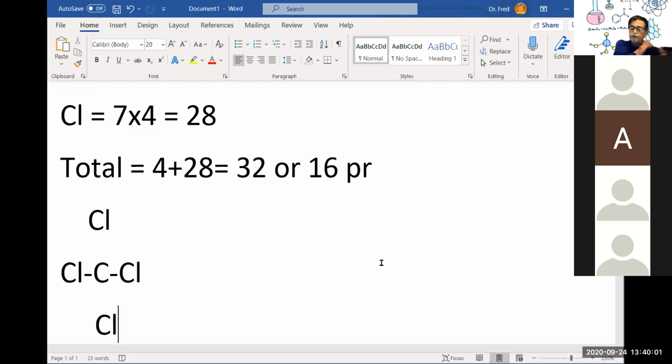And if you do the same thing with PH3, you're going to come up with the same structure because you have the same number of valence electrons you're working with. Nitrogen and phosphorus are in the same group, so they're going to bring in the same number of valence electrons. Hydrogen always brings the same number of electrons. So you would get the same structure if you had nitrogen or phosphorus bonded to hydrogens.